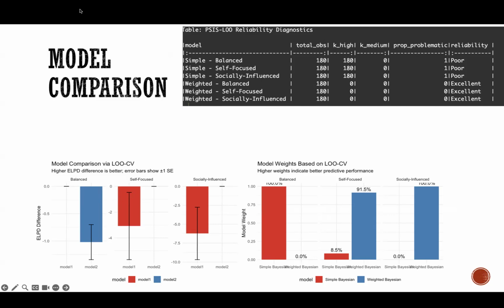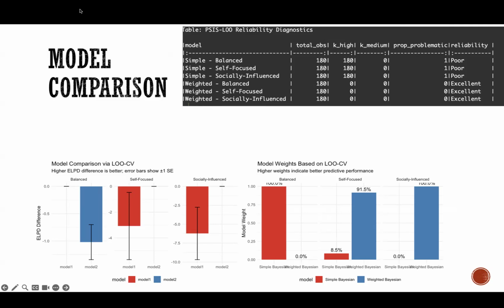And then we can also look at the new weights, whether adding the one to the other helps us make better predictions. For the balance scenario, it says no, just give 100% weight to the simple agent. For the self-focus, it says the simple agent might add a tiny bit, but really 91.5% of the weight should go to the weighted agent.